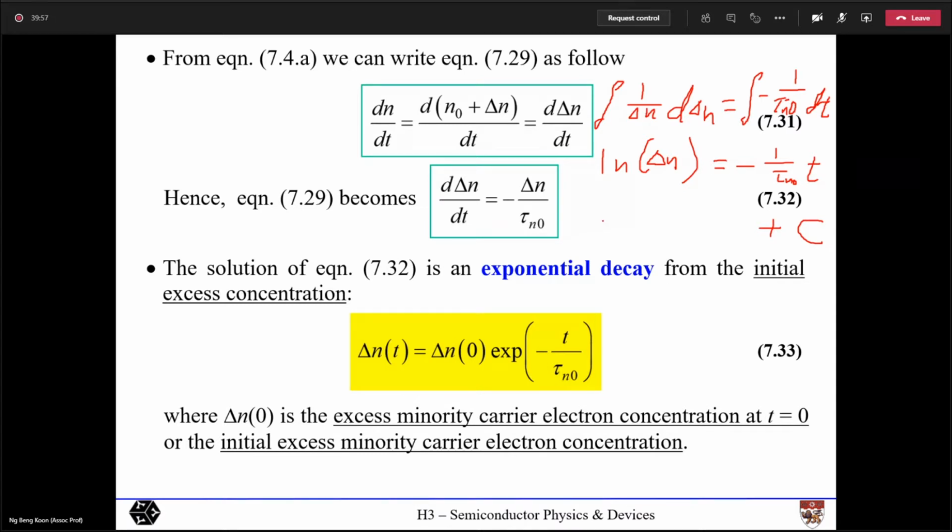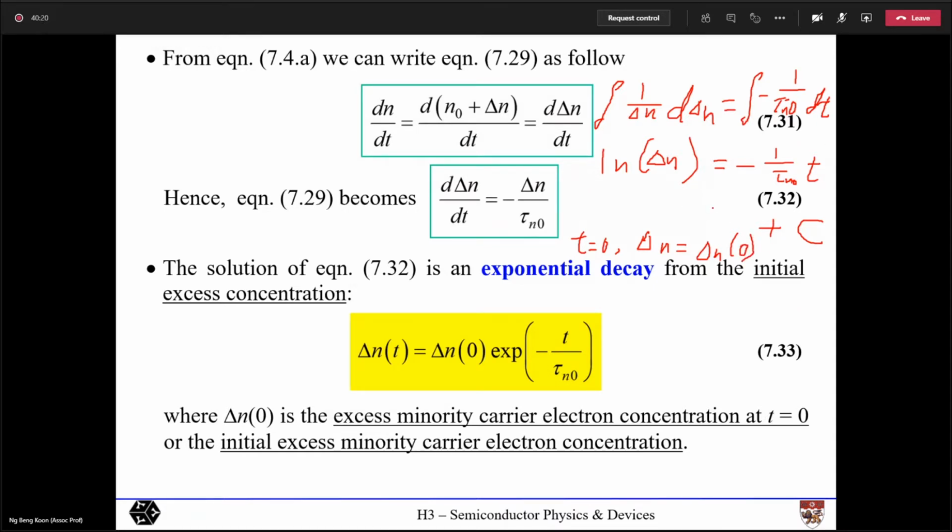All right. So if you then apply the boundary condition, suppose at the time when you switch off the light is t equal to 0, the concentration of delta N is equal to the delta N at time t equals 0, which we write as delta N 0.